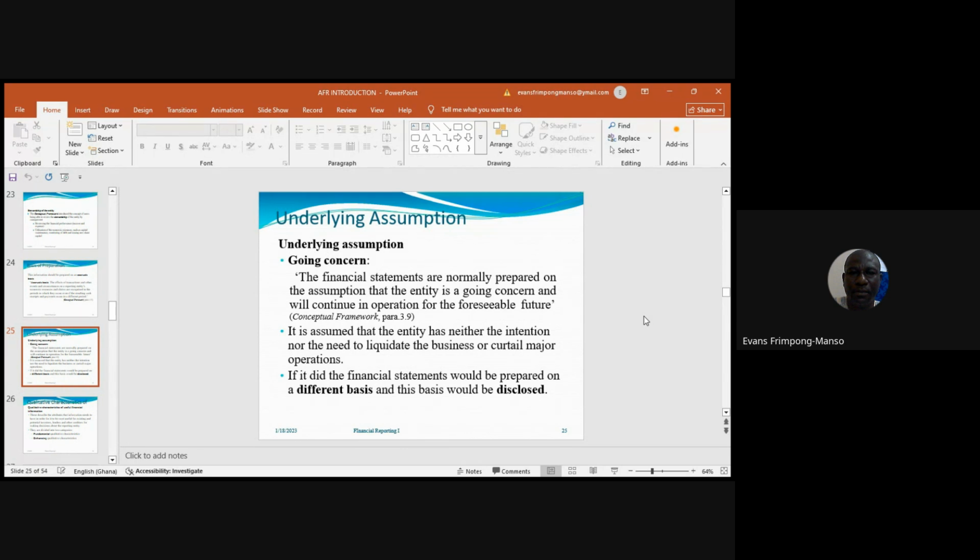Then we also have what is called the going concern. The going concern talks about the entity being capable of operating for the foreseeable future. So when management prepare financial statements, they have it at the back of their mind that the business is going to exist into the foreseeable future.